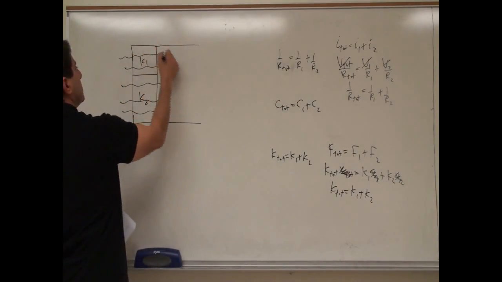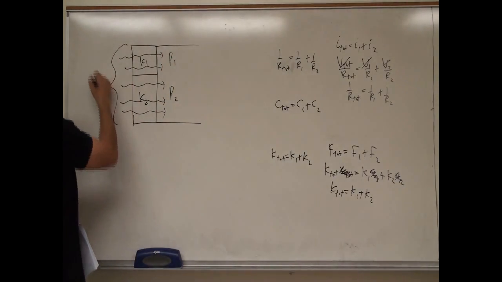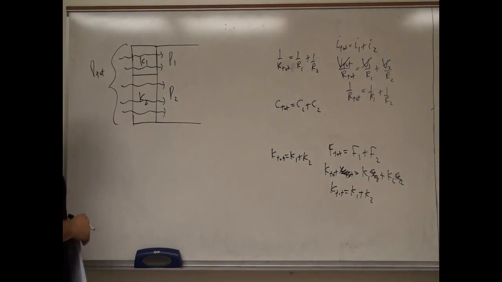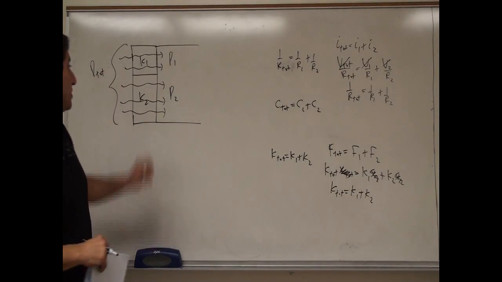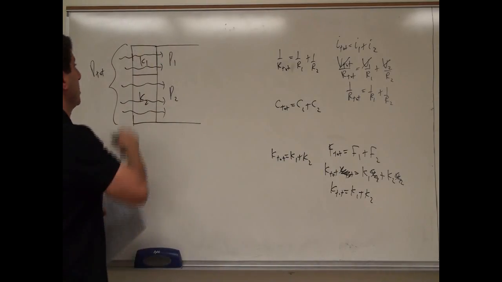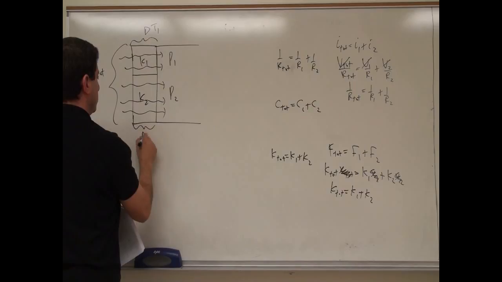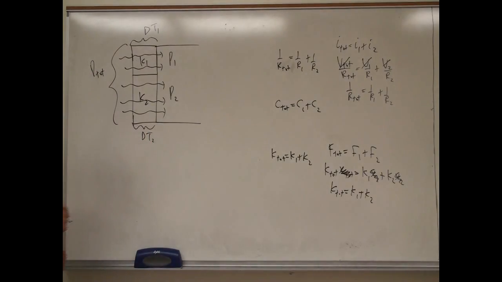So this is P1, P2, and the total power is P total. So it's the power that is adding up. The change in temperature from the outside to the inside is the same. So delta T1 and delta T2 are the same, and they are equal to delta T total.